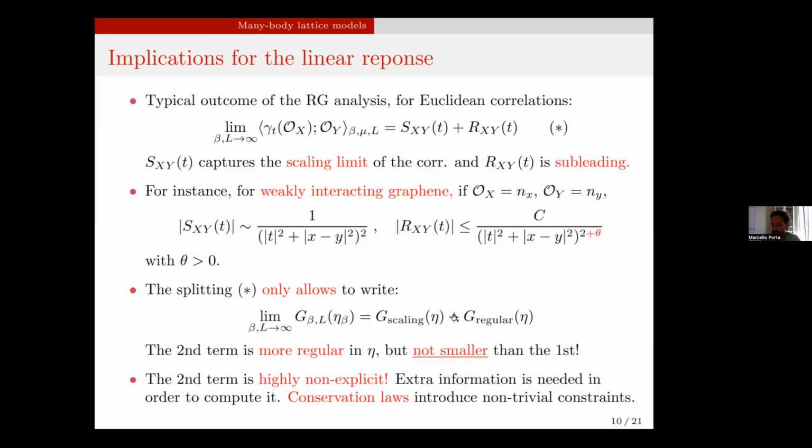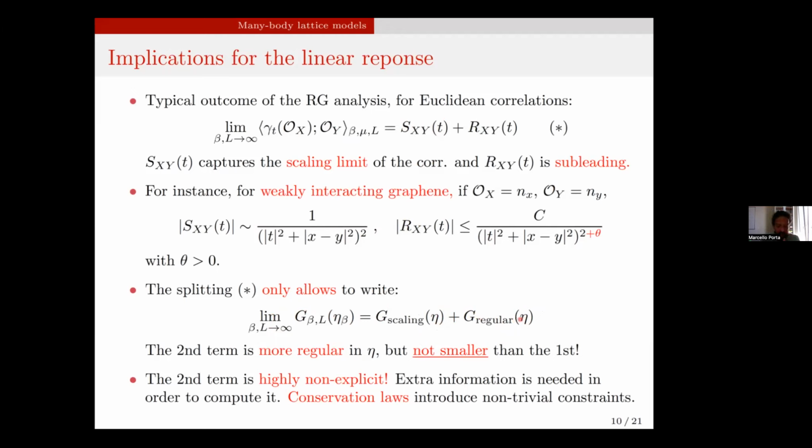But this is not smaller than the first; it's just more regular in this parameter eta. So if your goal is to compute this object in some limit, then this type of analysis is not enough. You might have that the scaling limit has some nice integrability features, there are some nice exact formulas for that, but the regular part in general does not have all these features, and it's in fact not smaller than the first one, it's just more regular in the parameter eta.